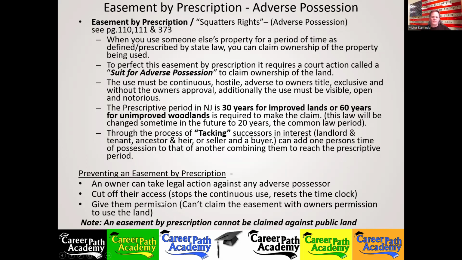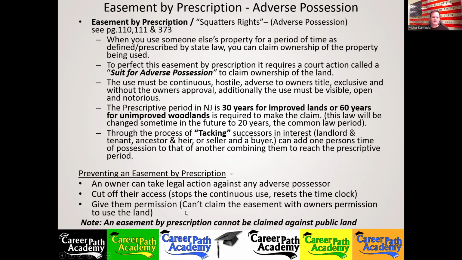Now, you could cut off their access, maybe put up a fence or something that stops their use of that area. That resets the time clock, or give them permission to use the property and then take the action to get them removed after that permission period is expired.